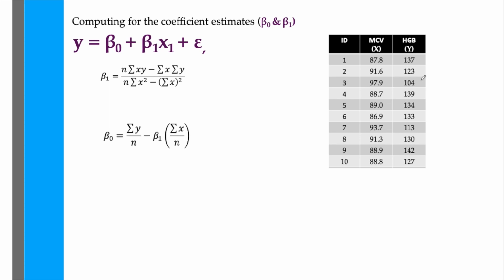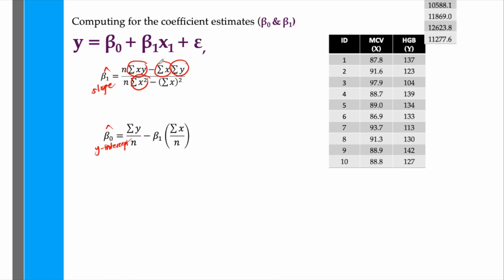Now, let's try to estimate first the values of beta sub 1, which is the slope, and beta sub 0, which is your y-intercept. Now, all we need are the sum of xy, the sum of x, the sum of y, and the sum of x squared.